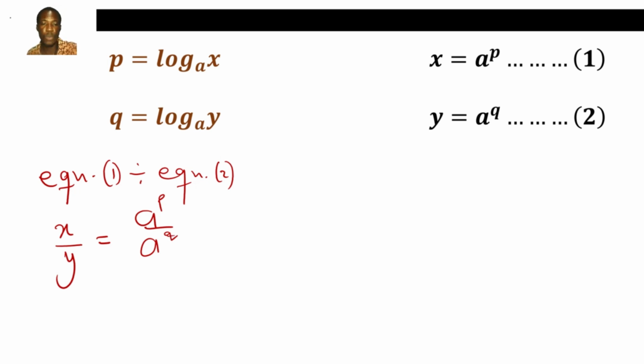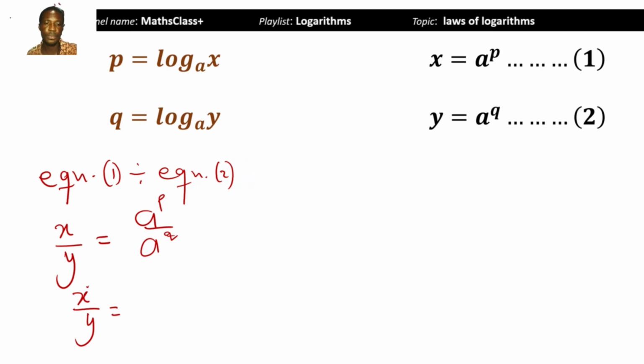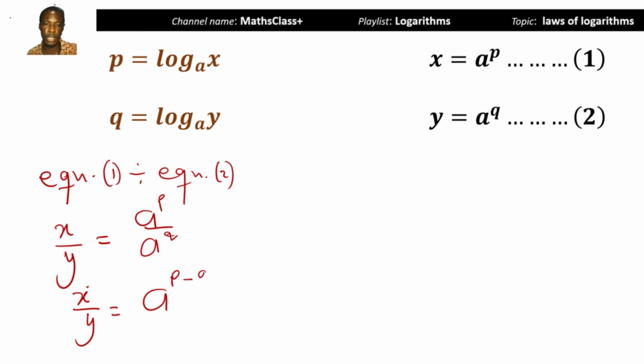And in indices, when the bases are the same and they are divided, you remember we subtract the exponent of the divisor from the exponent of the dividend. So here we will have x divided by y is equal to a to the power p minus q.